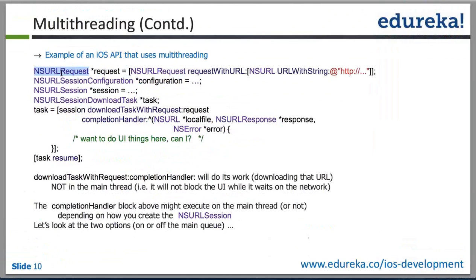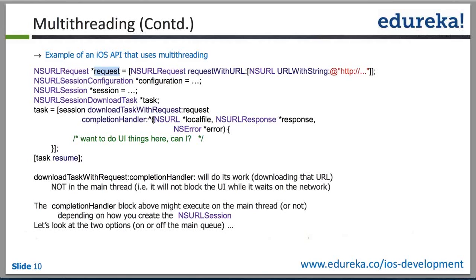This is an object by which you can create HTTP request. So first you are going to create a request and mention the URL there. Then create a configuration. What it is, we'll discuss that. Create a session for that. Create a task. And for the task, you have to call a method downloadTaskWithRequest. So whatever the request you have created, that will be used for a download task.